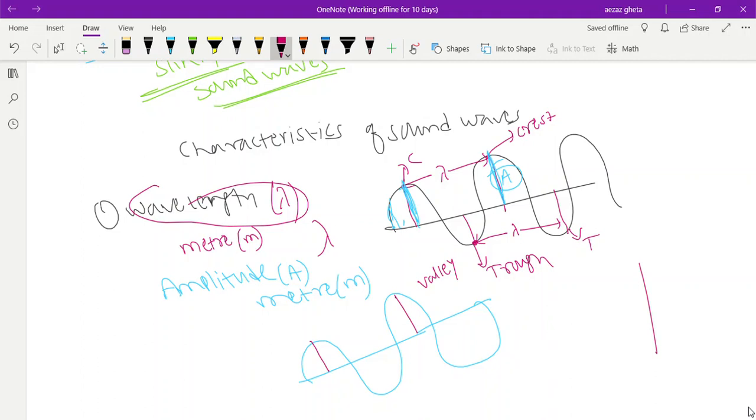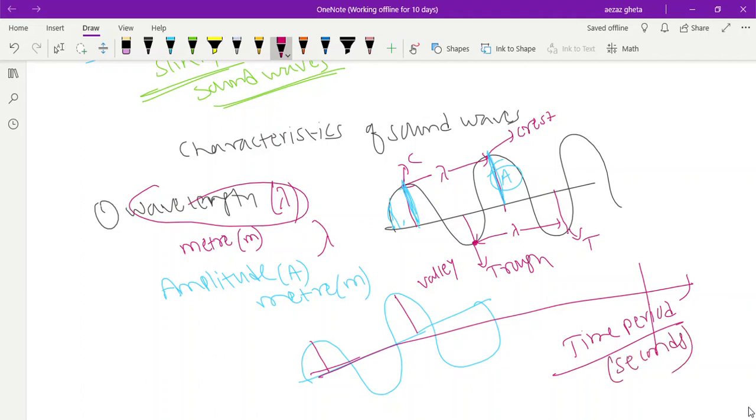That is called the time period. That is, how much time one wave takes to travel. Its SI unit is seconds, s.